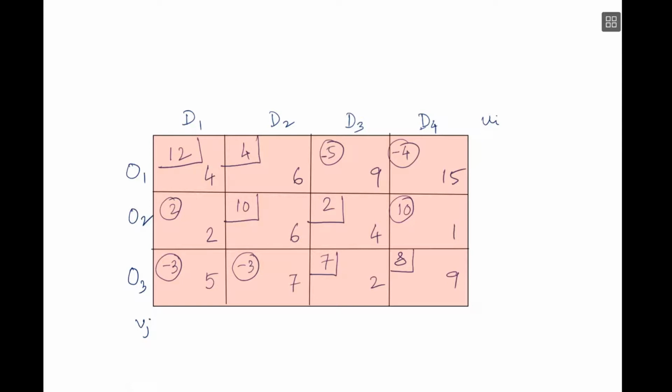We see that in the net evaluation two cells, namely 2,1 and 2,4, are at positive values, and of these two cells 2,4 has a value 10, which is the maximum positive. So to improve the solution we will make some allocation at the 2,4 cell.